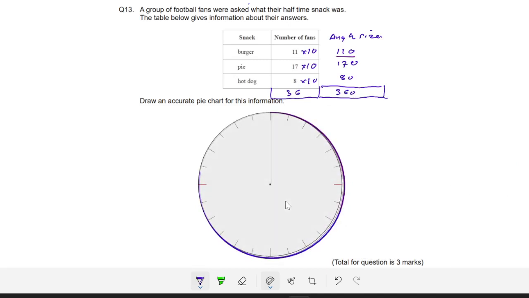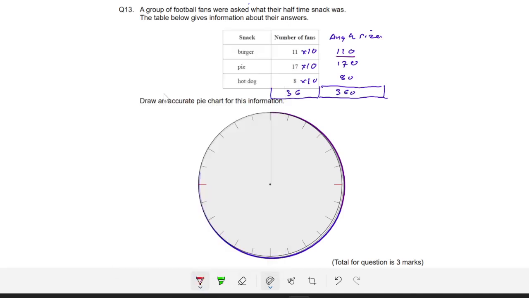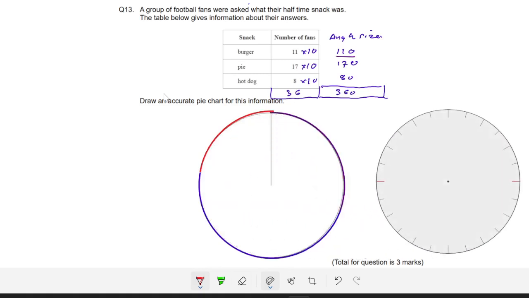And then I need to measure 80 as my final angle, and that should work out as the missing angle, but depending on how accurately I've drawn it. Doesn't look far off 80, but let's measure it. Pretty much perfect. So then I need to join them up with straight lines.